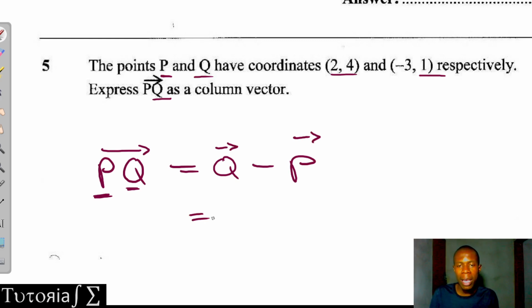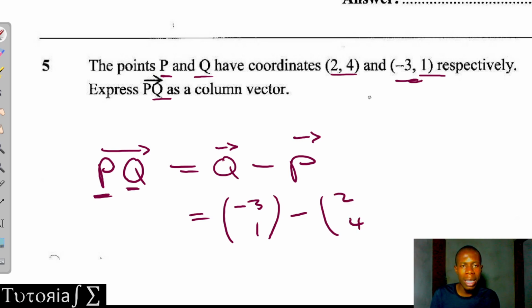So basically here, our Q is this, so put them in column form, -3 and 1, minus our P, which is 2 and 4. So we get the first number to be on the top and the second number at the bottom there.